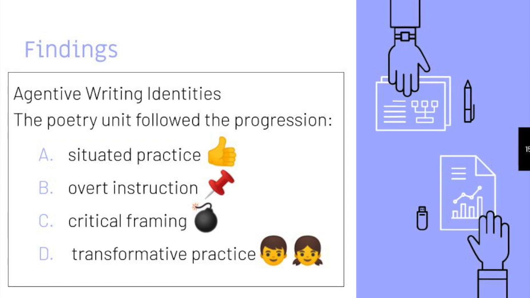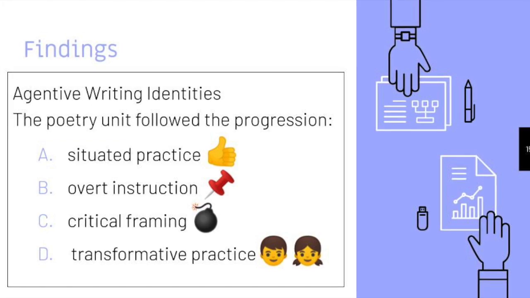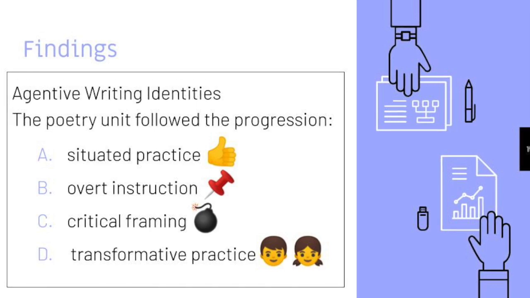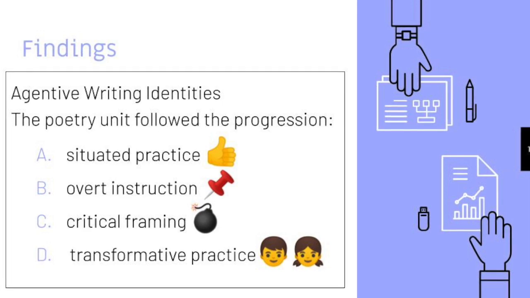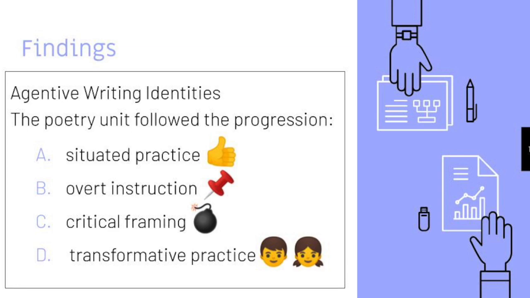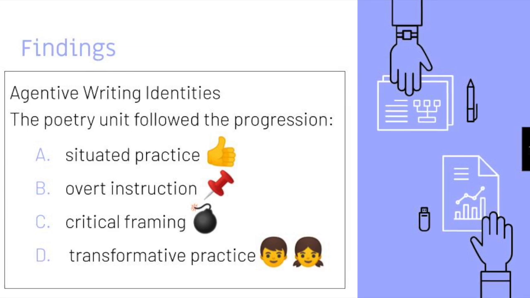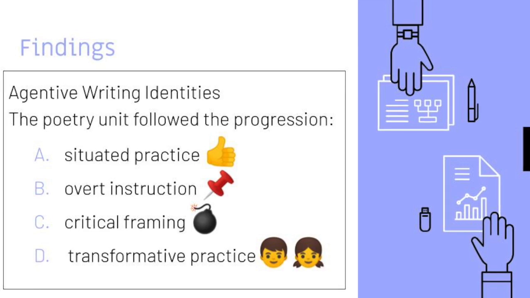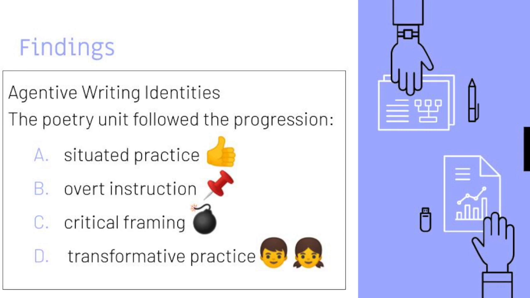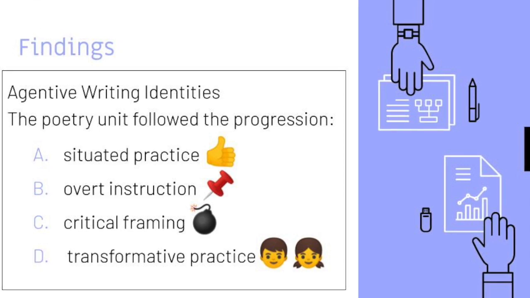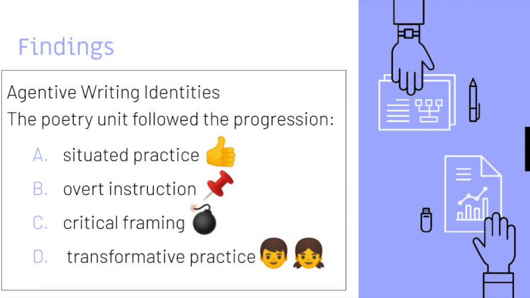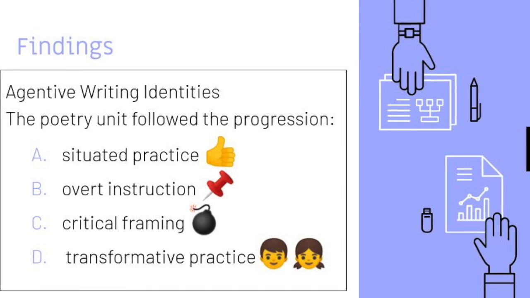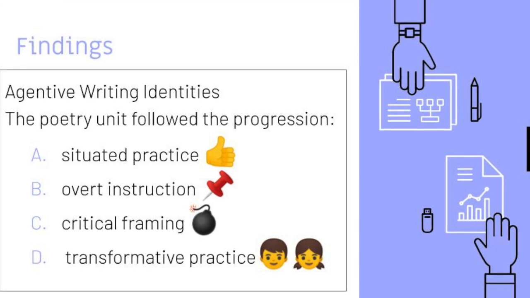The researchers suggested that more direct teaching, so I gave that a thumbs up. The overt instruction, I put a pin next to it because the researchers, as they observed how the unit was being delivered, felt there wasn't quite enough direct instruction, and they suggested having a resource teacher maybe work with some of the ELL students to scaffold in some of the more technical writing skills and some of the vocabulary and language pieces, but that would need to definitely be part of this pedagogy to be effective.